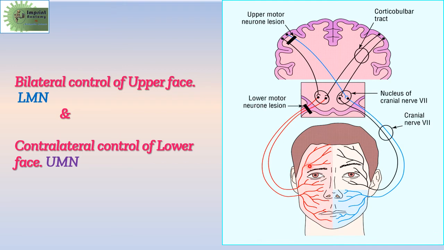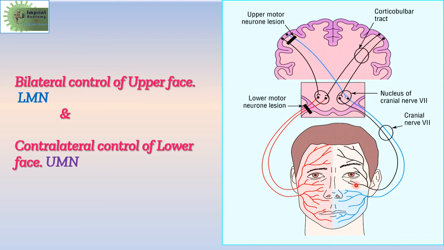There is bilateral control of the upper face, and there is contralateral control of the lower face. This is the region of the brainstem and the nucleus of the facial nerve on either side, as we have seen before also. So, if a lesion occurs at the infranuclear region, the same side of the face is paralyzed, and if there is an upper motor neuron lesion, only the lower part of the opposite side of the face is paralyzed.